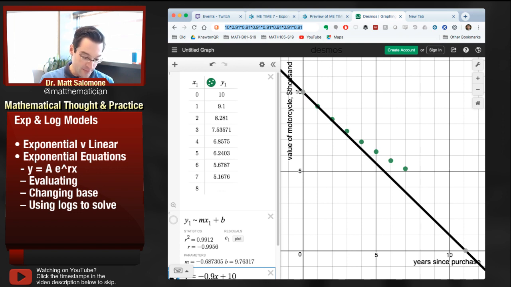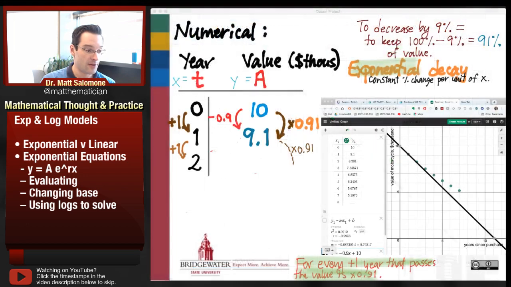So here's the idea. Let me get it back on our screen here for a second. So this was 8.281. But how we understood where this 8.281 came from is that it was 10 times 0.91 times 0.91.